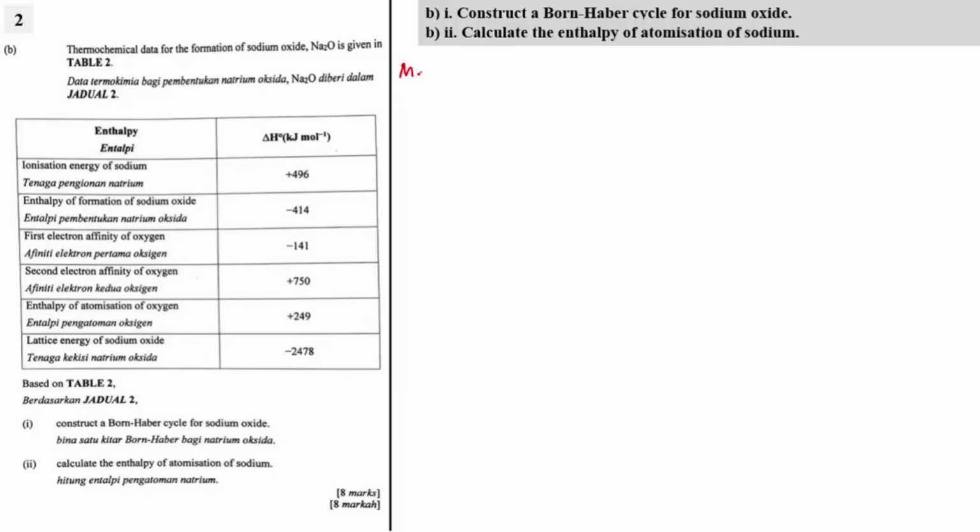Here is method number 2, which in my opinion is a much easier way to solve questions B1 and B2 in comparison to method number 1. Similarly, we can use the acronym FAIEL, which is the FAIEL method. We're going to start with the enthalpy of formation first in order to construct the Born-Haber cycle. For the enthalpy of formation, we have Na solid reacting with half oxygen gas in order to produce Na2O solid.